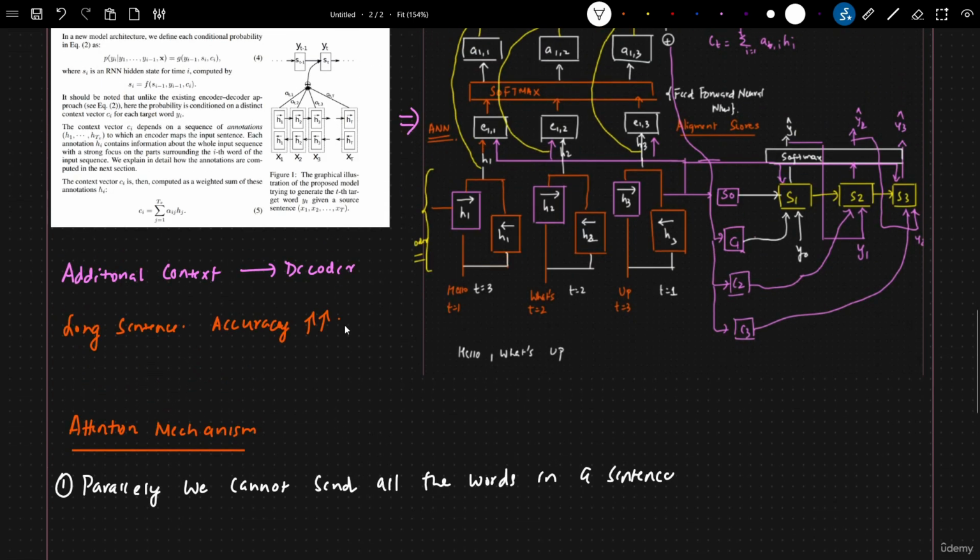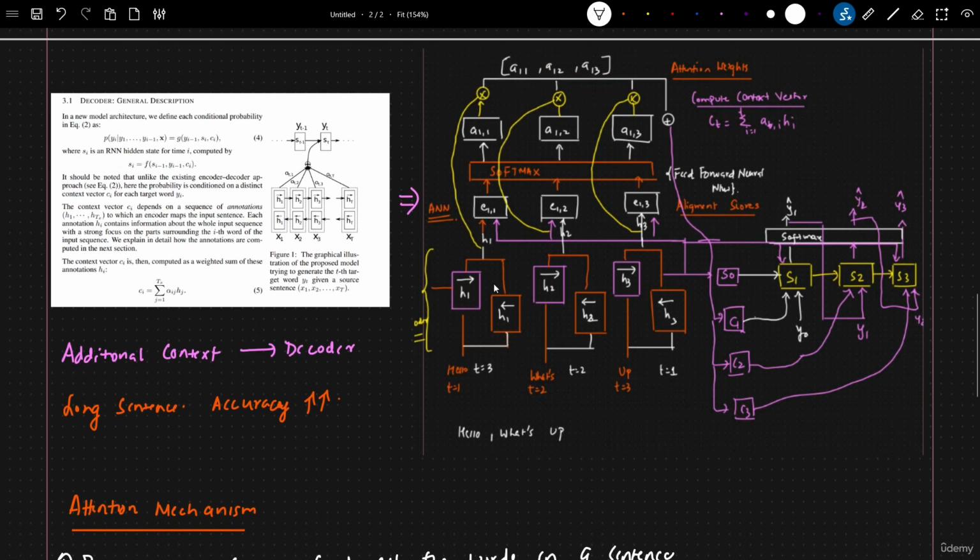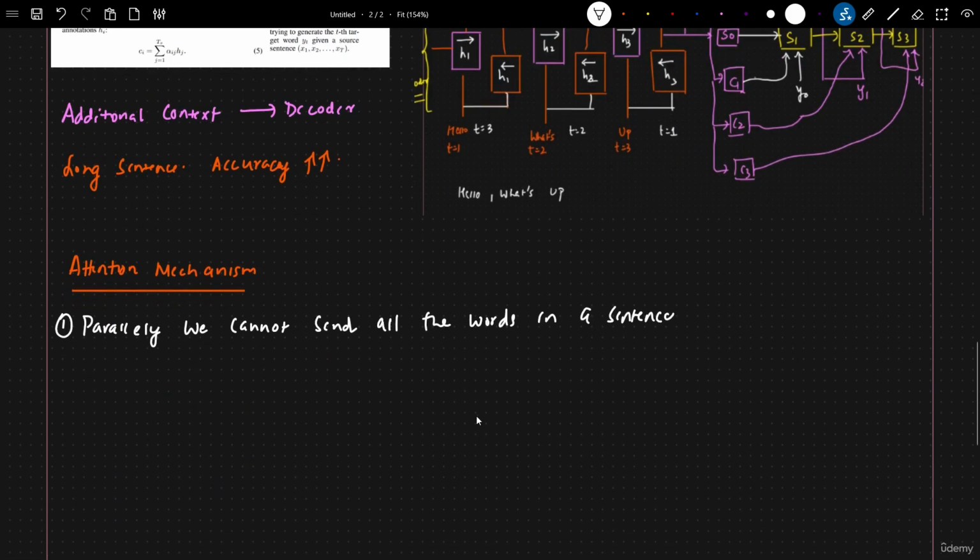We won't be able to do the entire execution or this entire training parallelly, right? And because of this, your attention model is not scalable. When I say scalable, that basically means if my data set is huge, right? Still, the encoder decoder attention mechanism will not be scalable with respect to training.